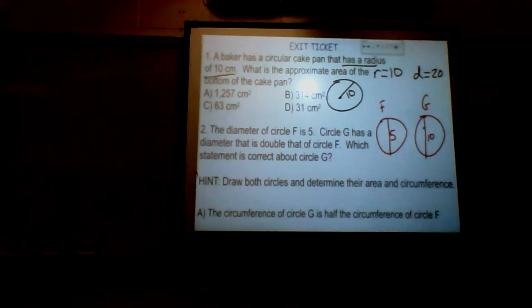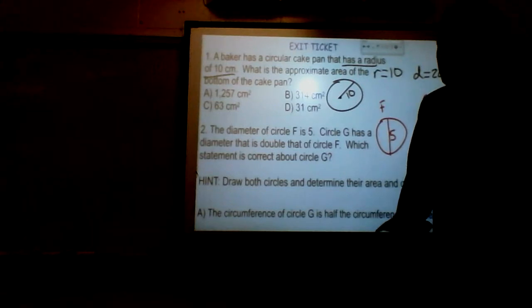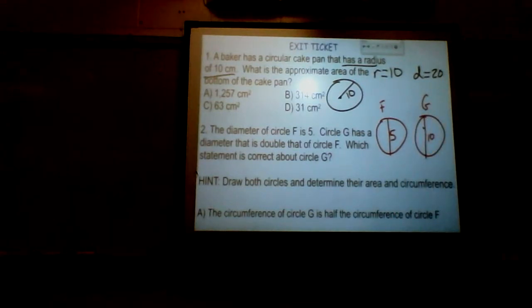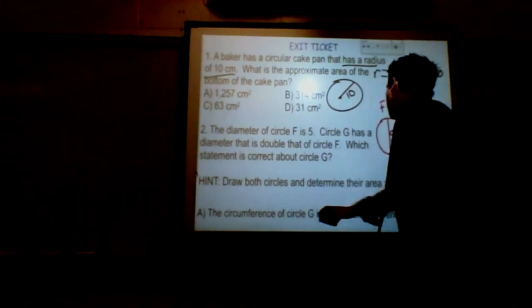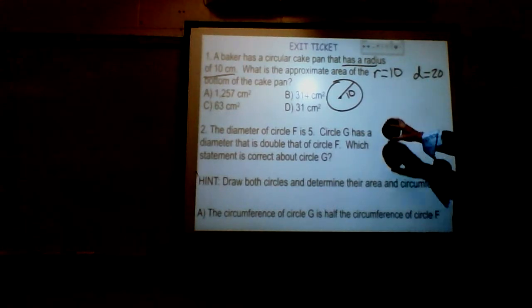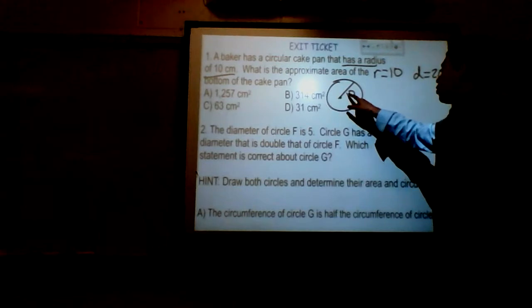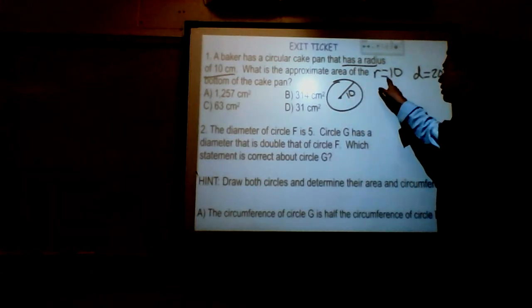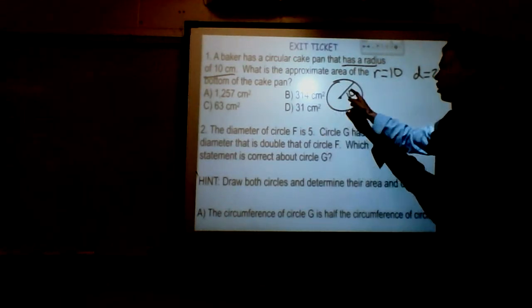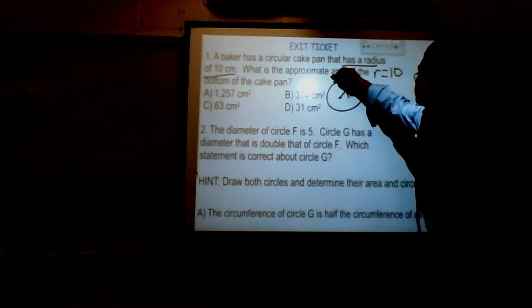The problem asks us what is the approximate area of the bottom of the cake pan. So we want to know what the area is. Cake pan, circle on the bottom. We know what the radius is, 10. We know the diameter is double that, 20, and we want the area.